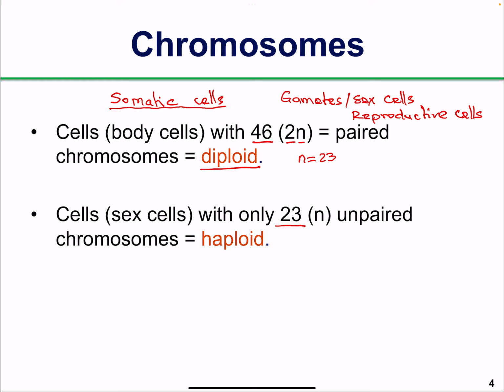And because we know that n in human is 23, I want you to remember that n in human is 23, right? Now, because gametes only contain half of the amount of chromosomes contained in somatic cells, these cells are said to be haploid. I want you to remember that. So we have really two kinds of cells: cells that are diploid and cells that are haploid, right?